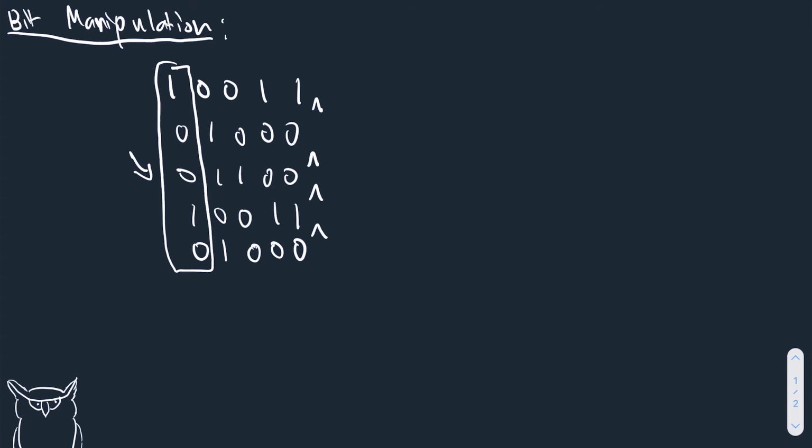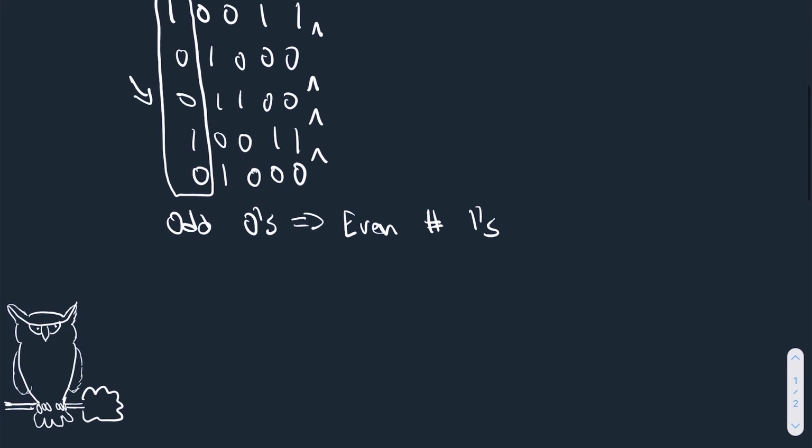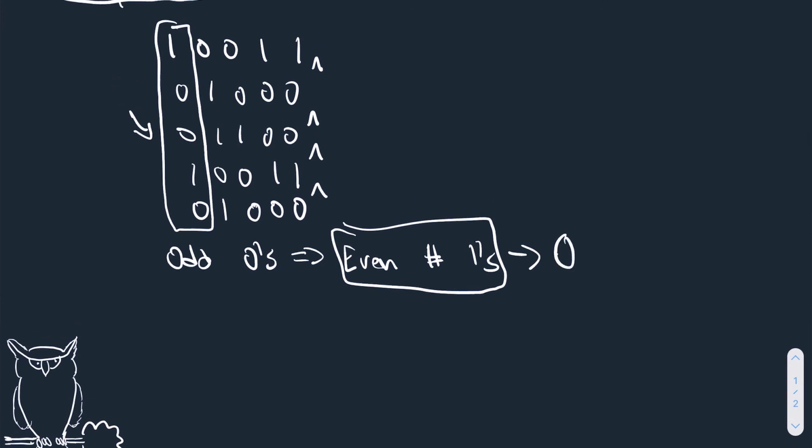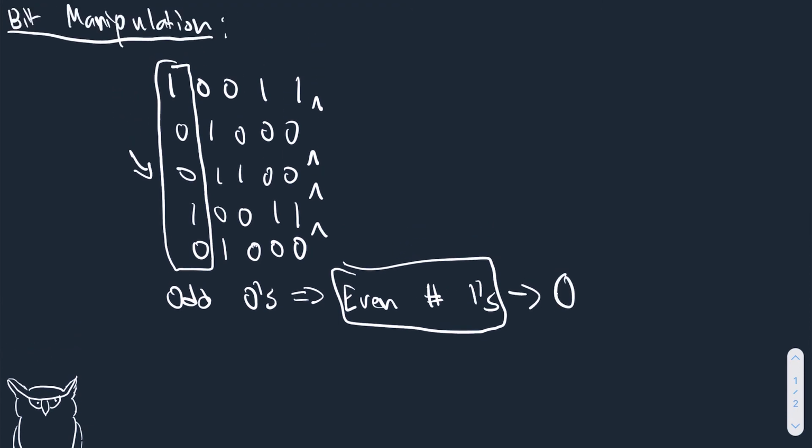So odd zeros implies an even number of 1s. Okay, well, what does this mean? Well, an even number of 1s is the same thing as producing 0 when that XOR operation occurs.